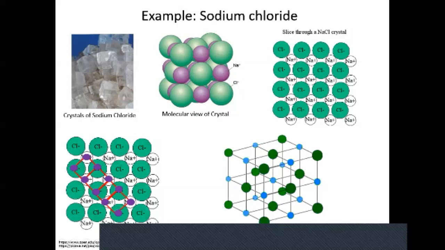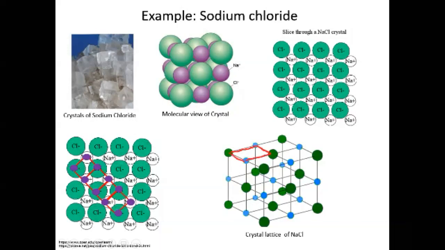And when we connect a certain number of lattice points, it becomes a unit cell. So in this example, we connect the green and blue dots. Oh, this is sodium chloride, my bad.